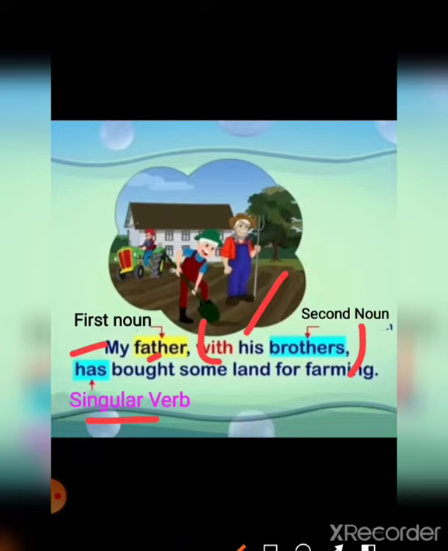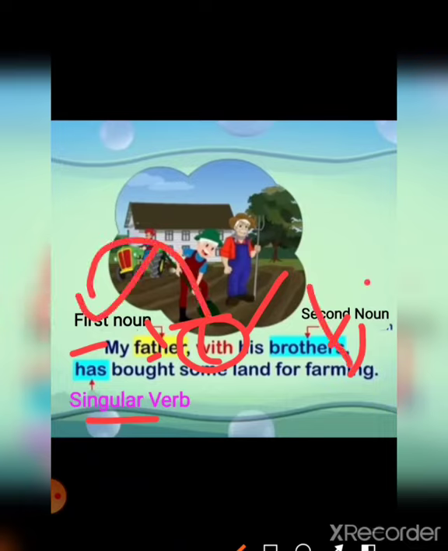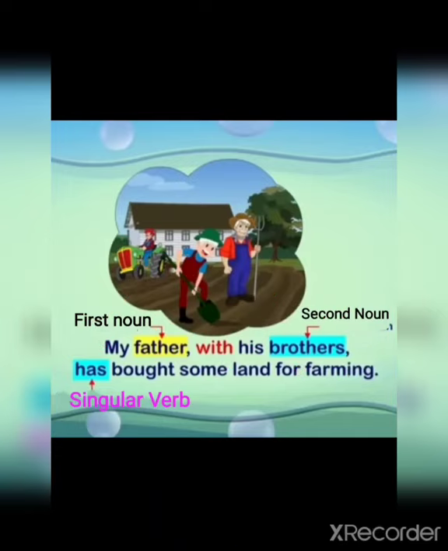Whenever two nouns are there in a sentence, one is the first noun and another is the second noun, and these two nouns are joined by with or as well as, then you have to look at the first noun only. Do not look at the second noun. That means you have to take a look at the first noun, that is my father.